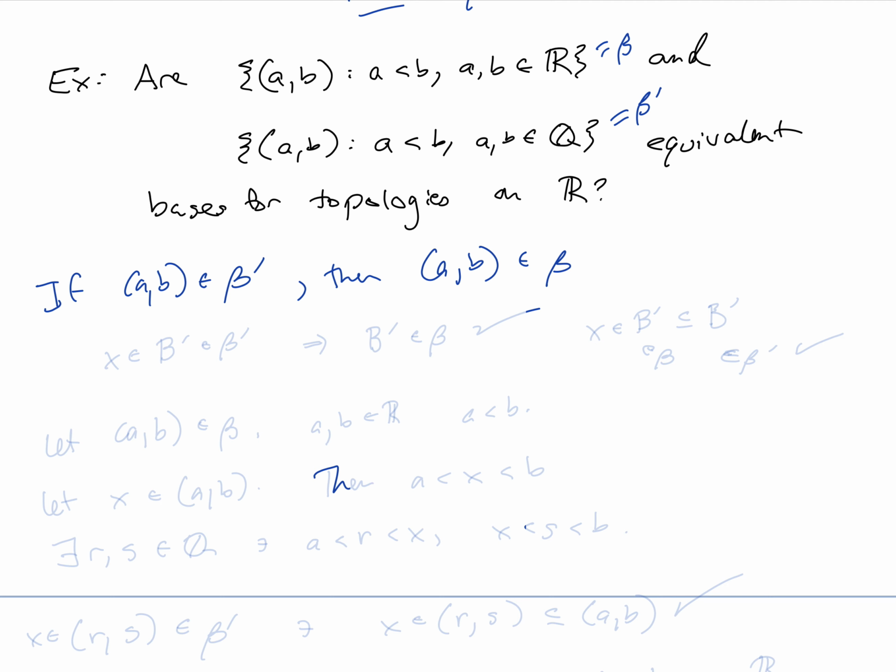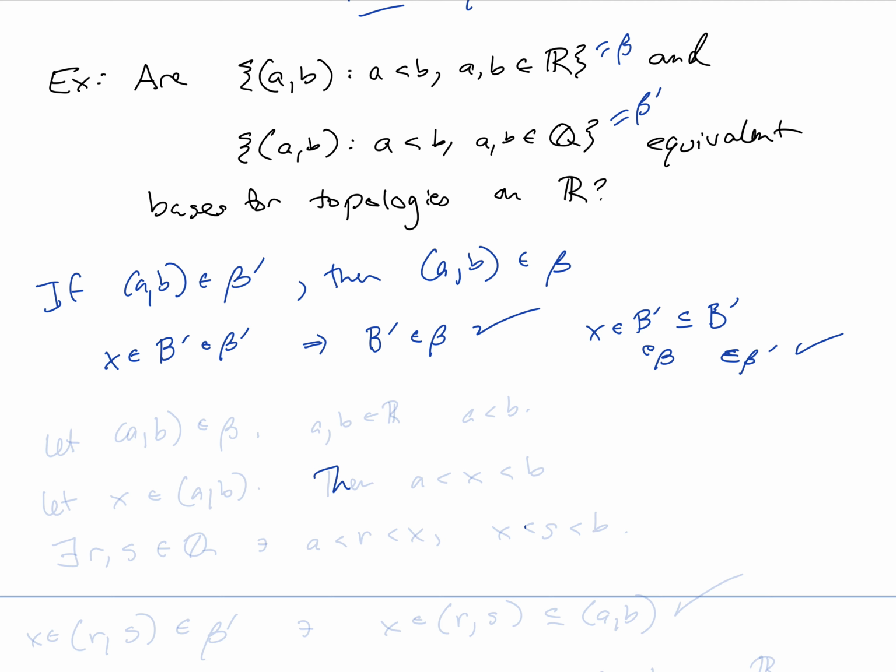So one direction here is clear. X, an element of B prime in beta prime, implies that B prime is in beta. So X is an element of B prime, a subset of B prime, and this is in beta and this is in beta prime. So the first condition is clear.